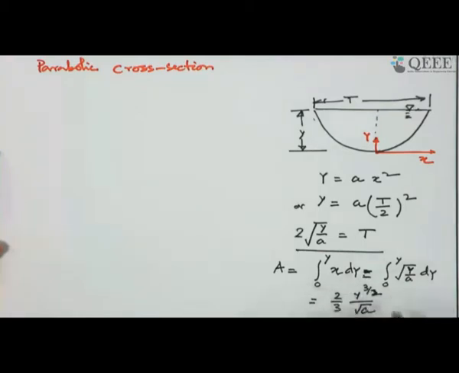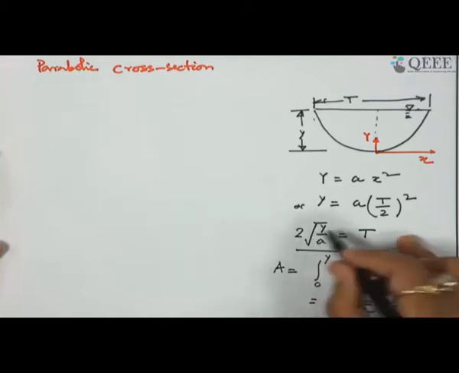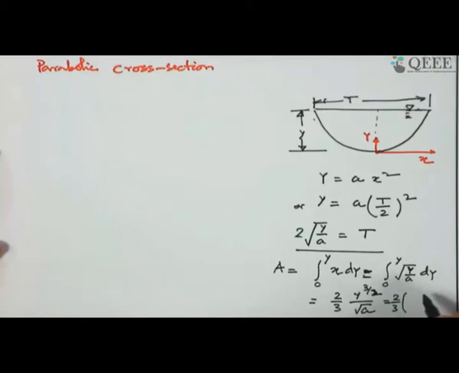So, from this we can write 2 by 3, and from here 4 by 3, and this part we can write as 2 y by root a into y.